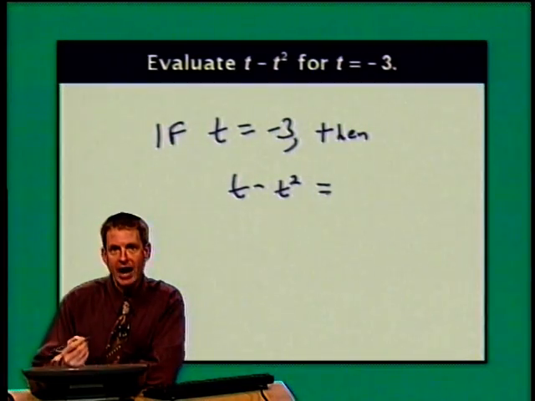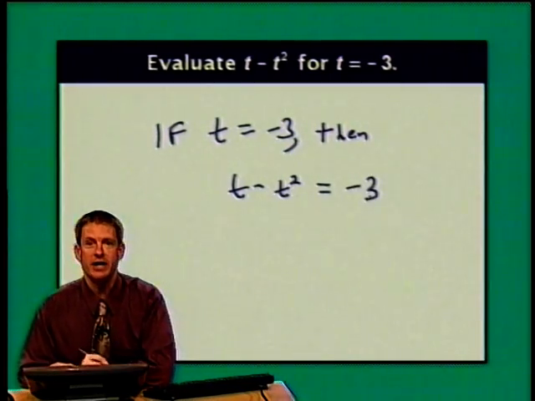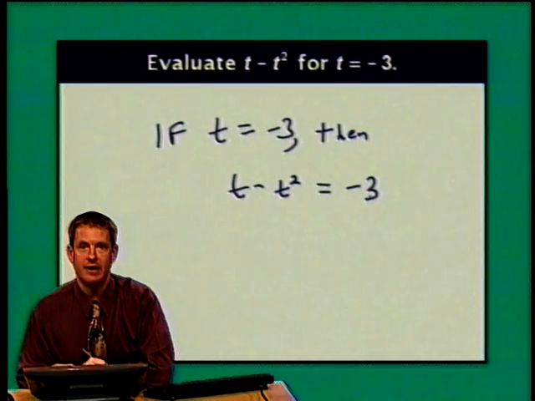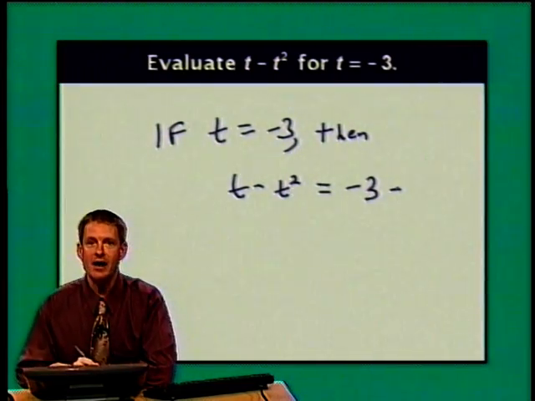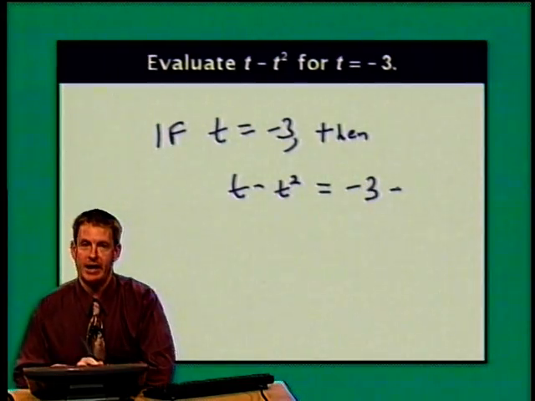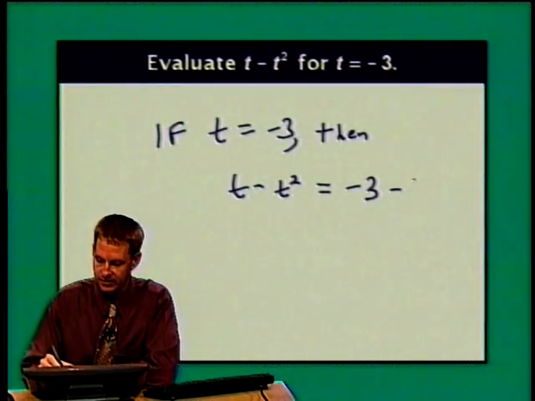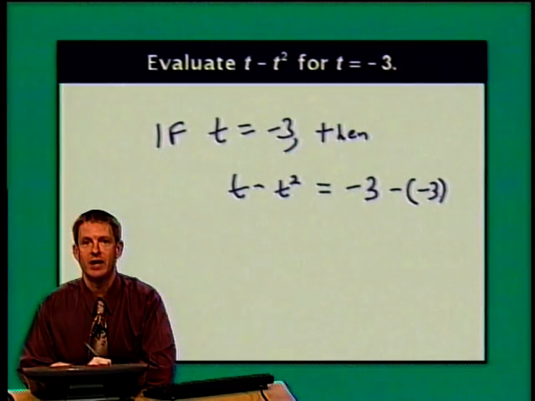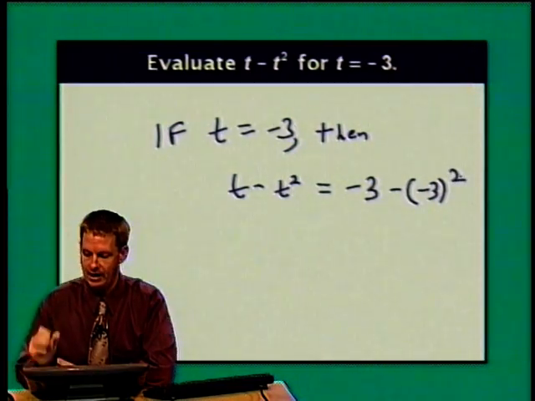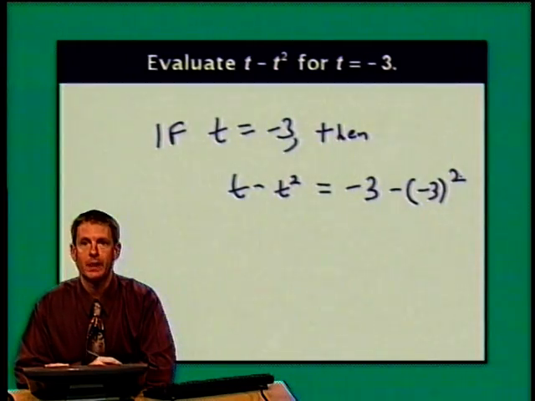When I subtract a number from negative 3, there's no need to write the negative 3 inside parentheses. On the other hand, as I just discussed, when you're squaring a negative number, you always have to write the negative number inside of grouping symbols. So I'm going to use parentheses, and I'm going to write the negative 3 inside parentheses. And the negative 3 is the number that needs to be squared.